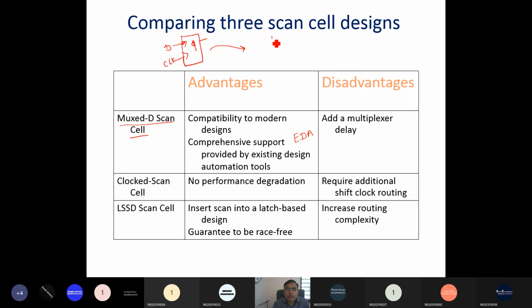The scannable flip-flop adds a 2-to-1 mux, right? One input of the 2-to-1 mux is the normal data input, and the other input of this 2-to-1 mux is the scan input.